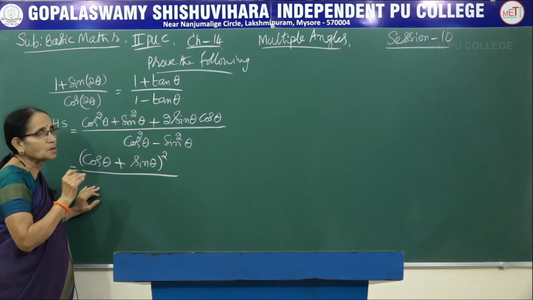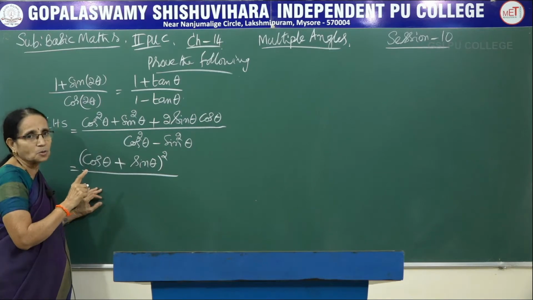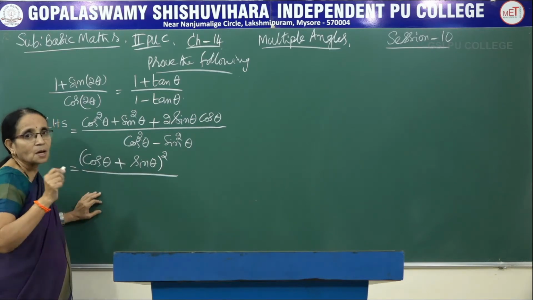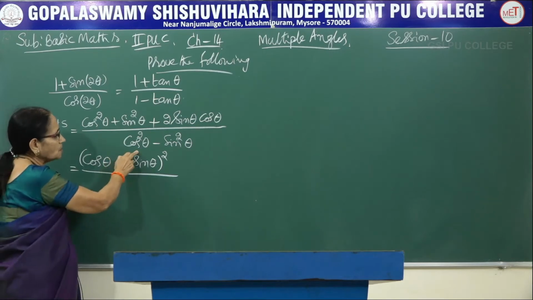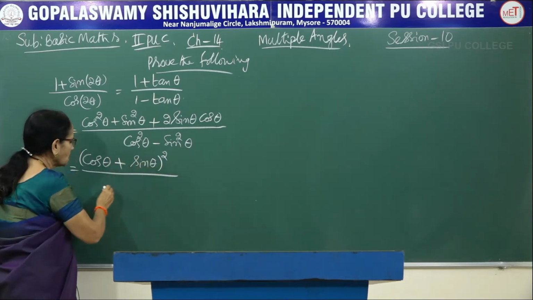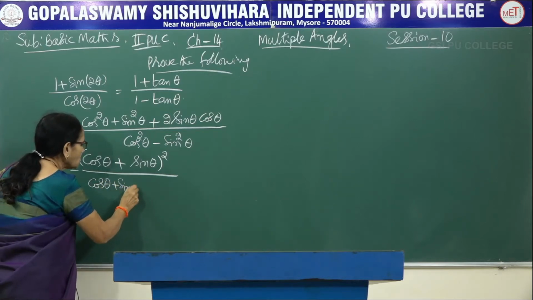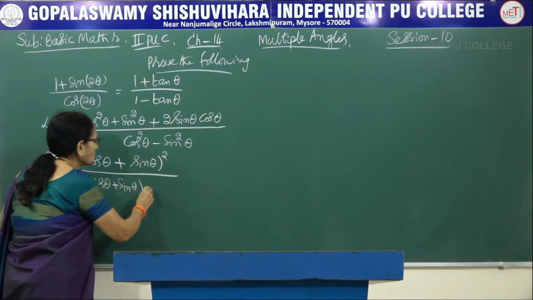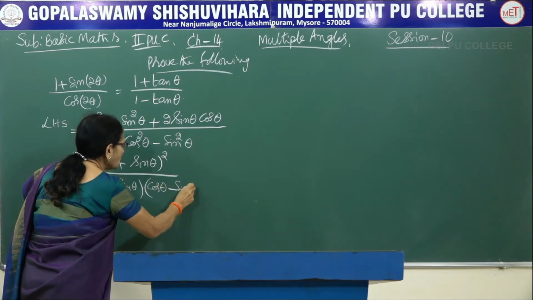Again, this also resembles an algebraic formula, a square minus b square, which can be factorized as a plus b into a minus b. In the place of a it is cos theta, in the place of b it is sin theta. So, I can factorize it as cos theta plus sin theta into cos theta minus sin theta.